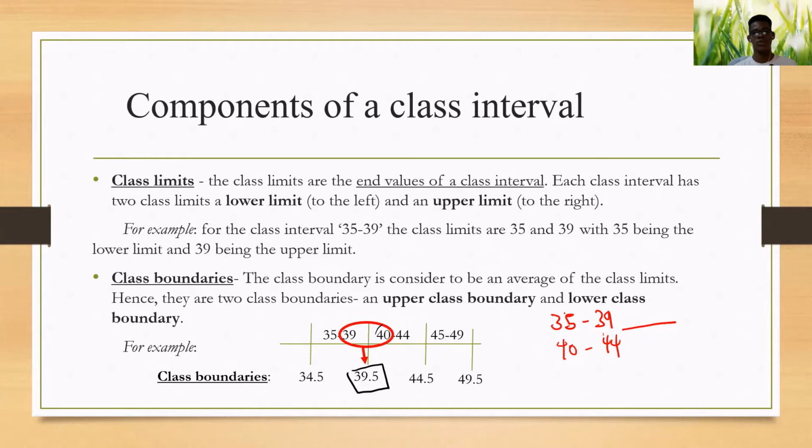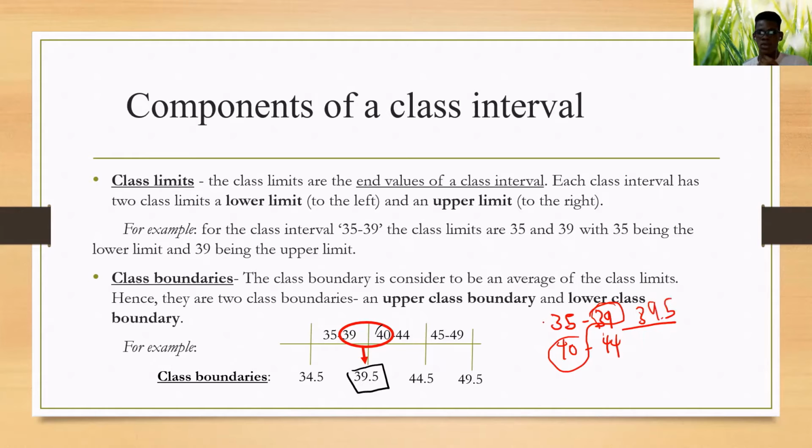That's the easiest way of doing it, and the way I prefer for you to do it. But the other way is to find the average between your upper limit and the consecutive lower limit, which here is 39 and 40. That will give us 39.5.